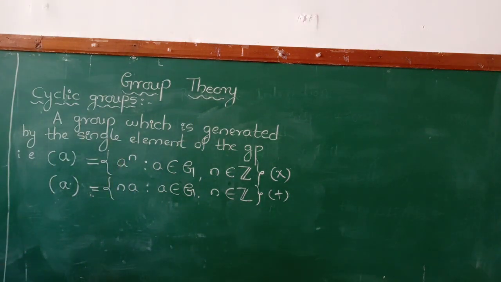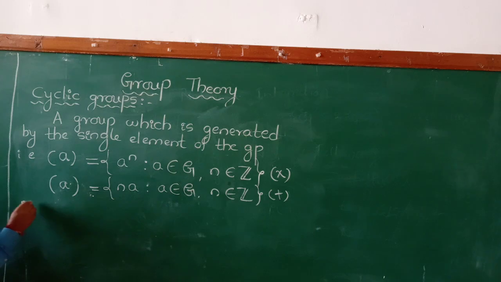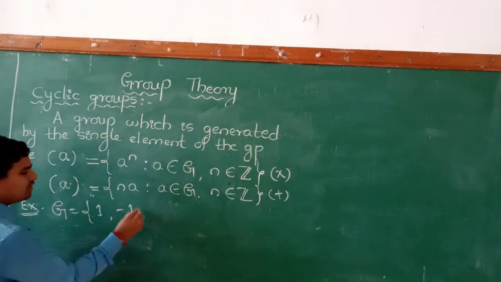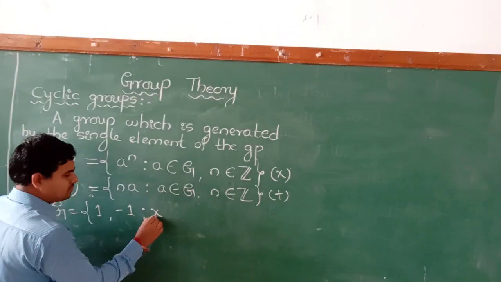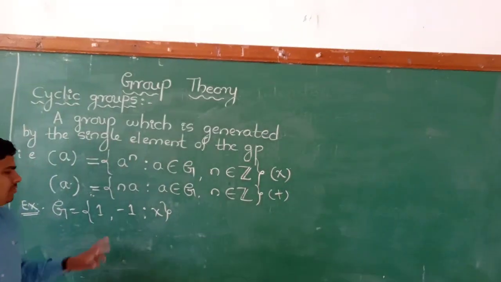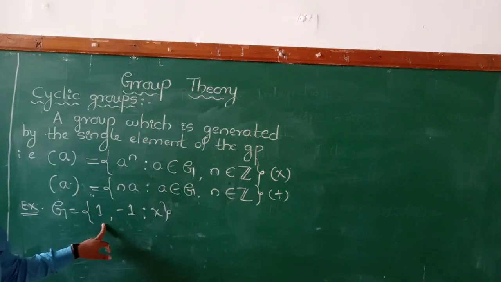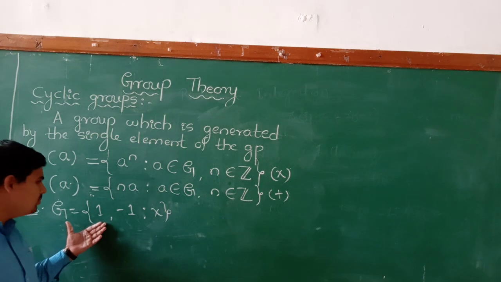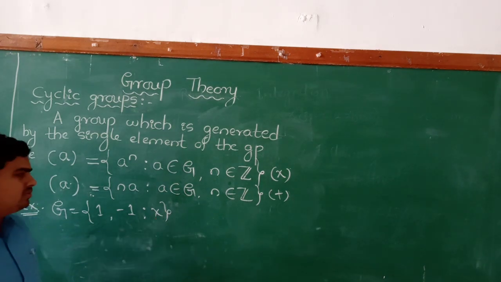Let's see an example. First one: G is equal to {1, -1} with respect to multiplication. This is nothing but the square roots of unity. Already we have proved this is a group with respect to multiplication.